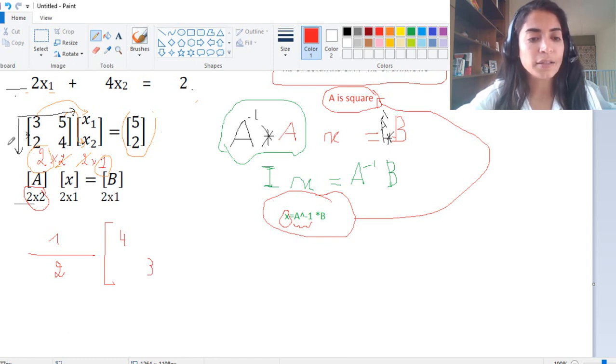And then I should put minus sign here and minus sign here, which is minus 5, minus 2. So this will be my A minus 1.